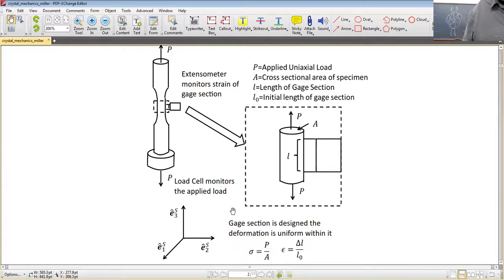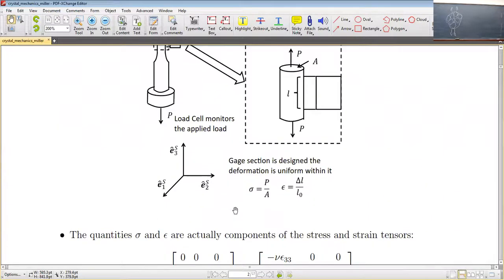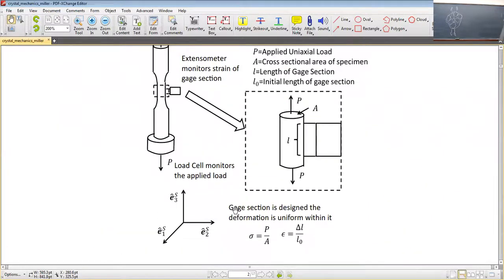The stress in this sample is just the load over the area. So a couple of things. We also have a set of basis vectors there that we'll talk about. But we start with this as kind of the starting point of our discussion.